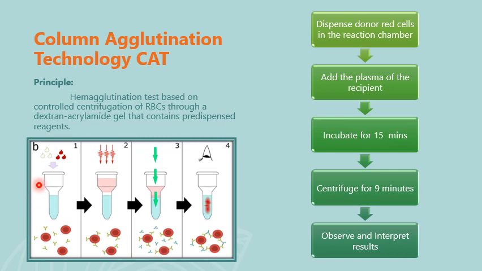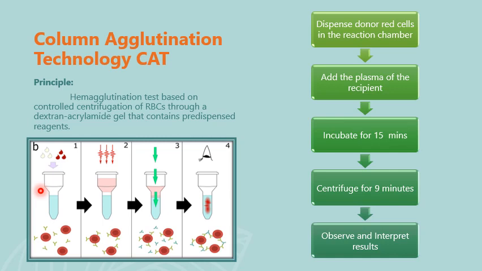The upper part is the chamber and the lower part is the column. Each microtube contains gel, diluent, and reagents. The red cells of the donor and the plasma of the recipient are dispensed in the reaction chamber. The reaction chamber has an air bubble barrier.